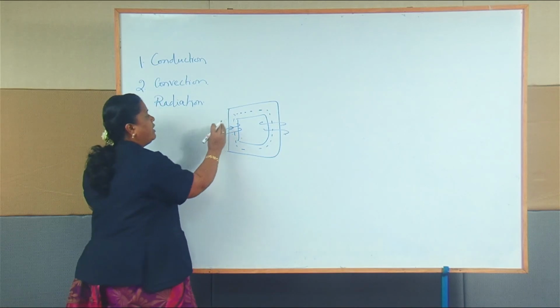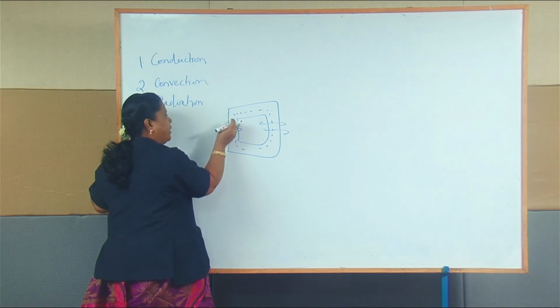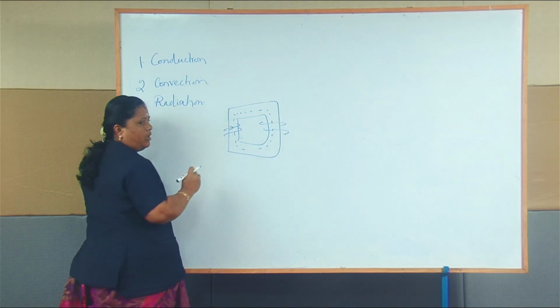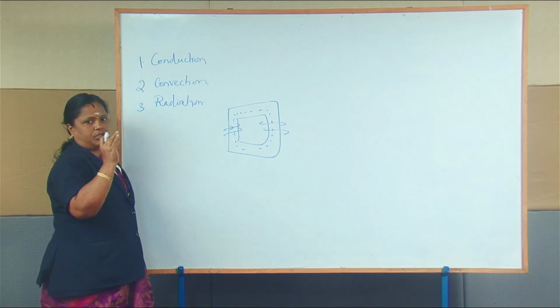So the inner core heat will be dissipated to the outer surface of the transformer. This mode of heat transfer we call conduction.